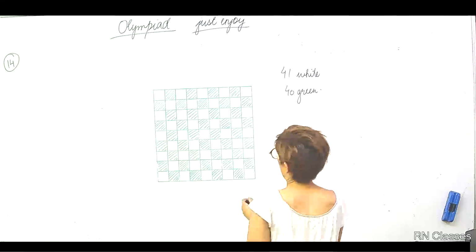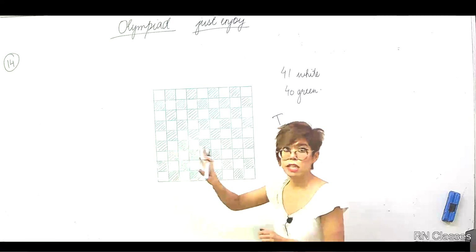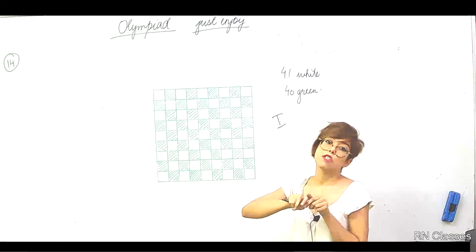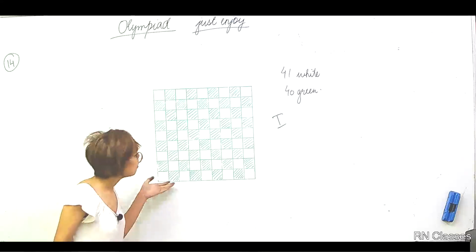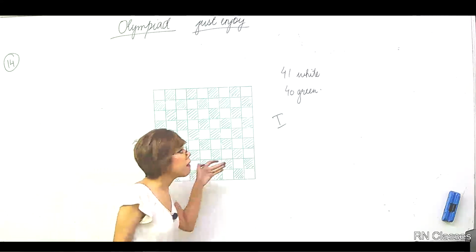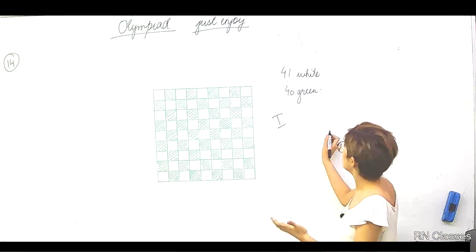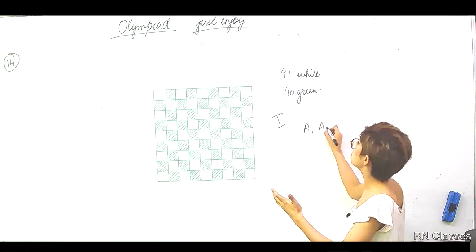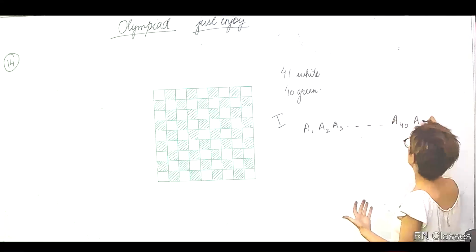So the first case: I have to choose 40 squares, and I will choose all white squares. But the problem is I have 41 white squares. Name them A1, A2, A3, until A40, A41.